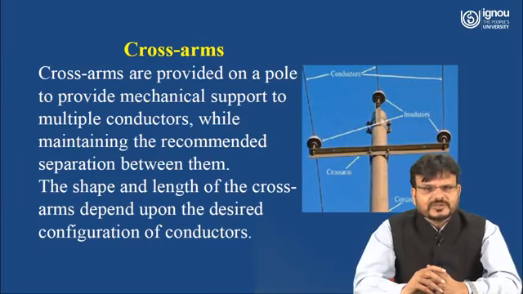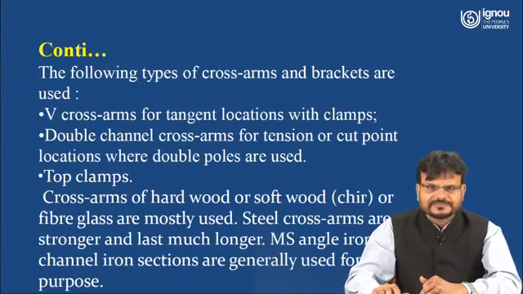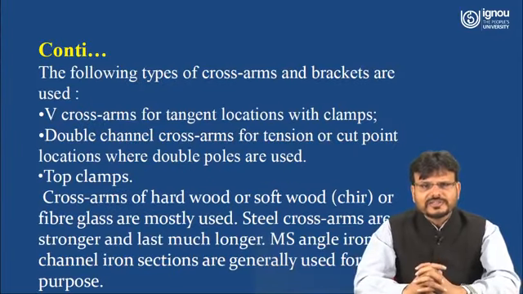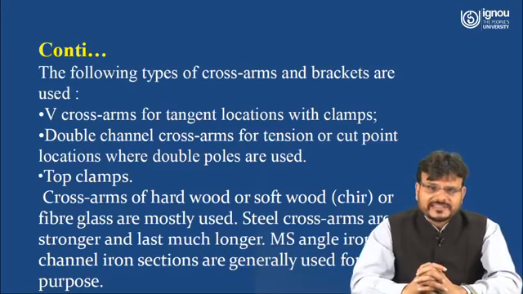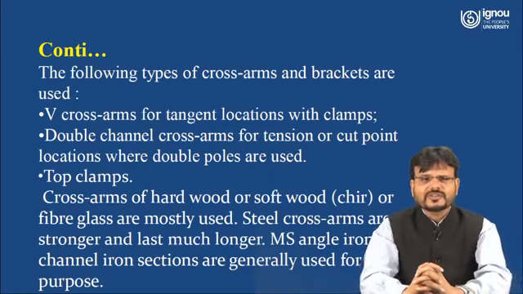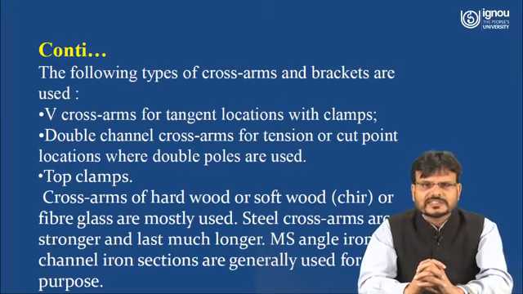The shape and length of the cross arm depends upon the desired configuration of the conductors. The following types of cross arms and brackets are used. First is the V cross arm for tangent location with clamps. Second is the double channel cross arm for tension or cut point location where double poles are used. And third is called top clamps.